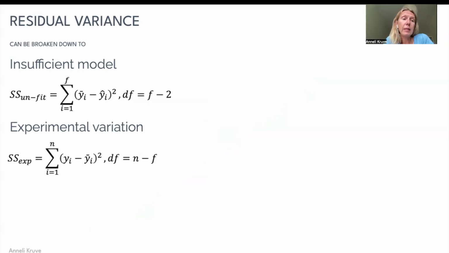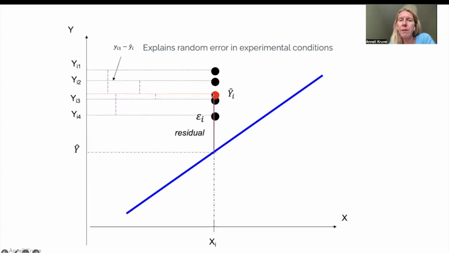And in this case, the model insufficiency we can calculate as the difference in the mean value from replicate measurements, which we treat as an unbiased signal estimate for this concentration level. And here on the blue line corresponding to the same concentration level is then the predicted signal.